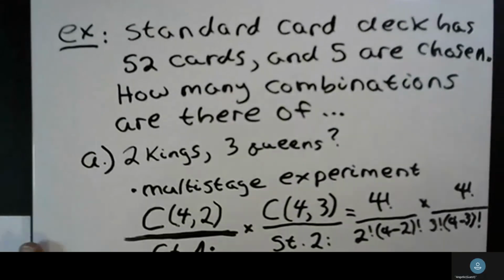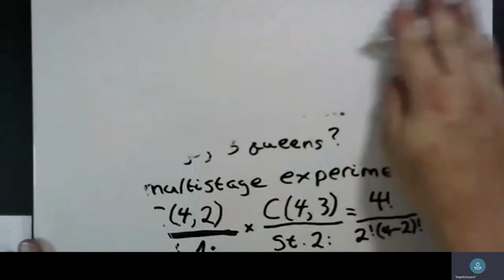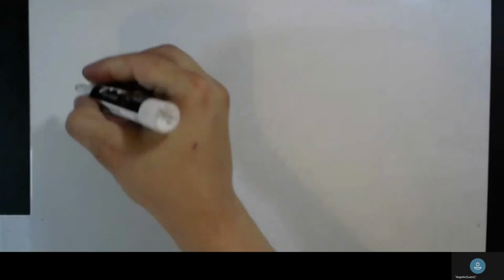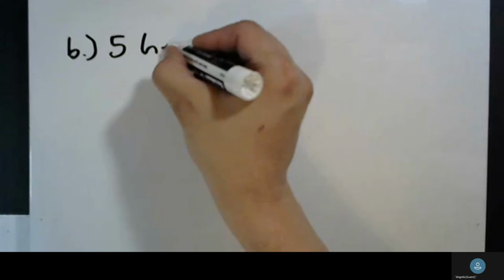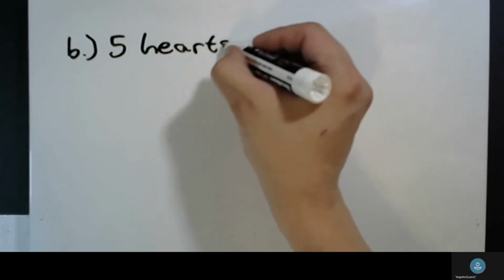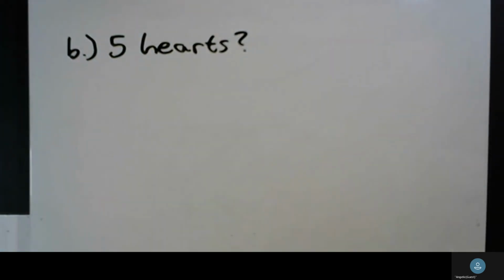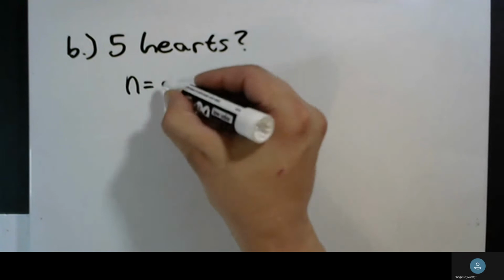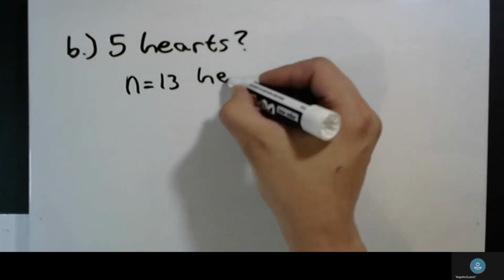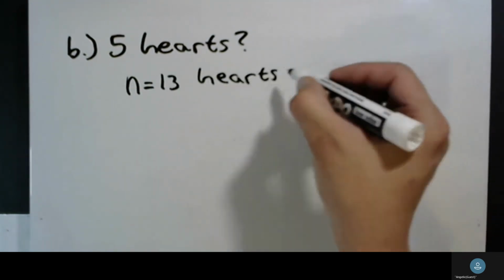Now let's do another one. We're still going on this one. We have part B coming up. How many combinations are there of 5 hearts? Now, there are 13 hearts total.